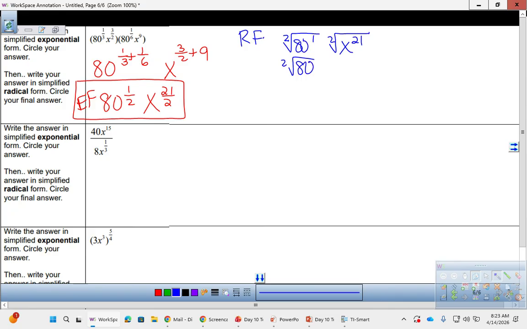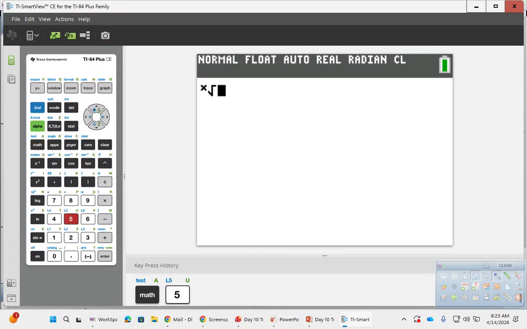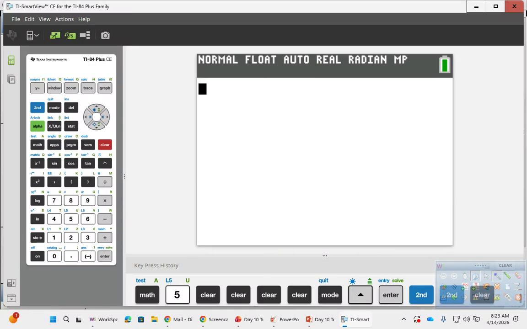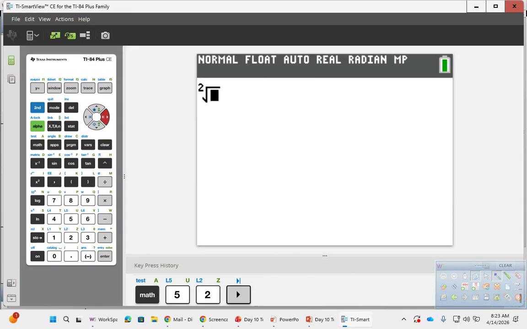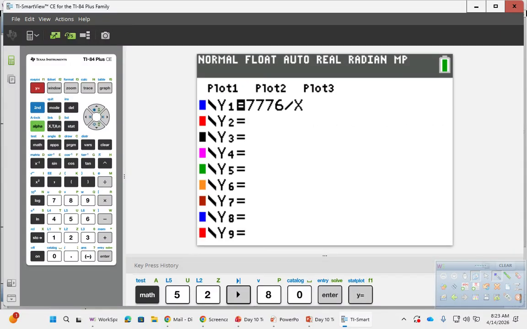All right, now we're going to math 5 that. The square root of 80 is a decimal. Now in exponential form, we can leave the decimals. In radical form, we can't leave the decimals. So we go here.